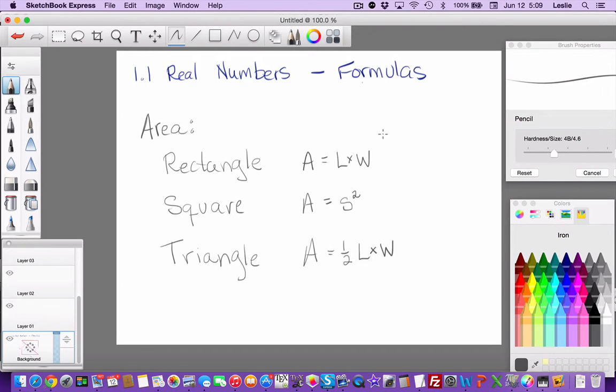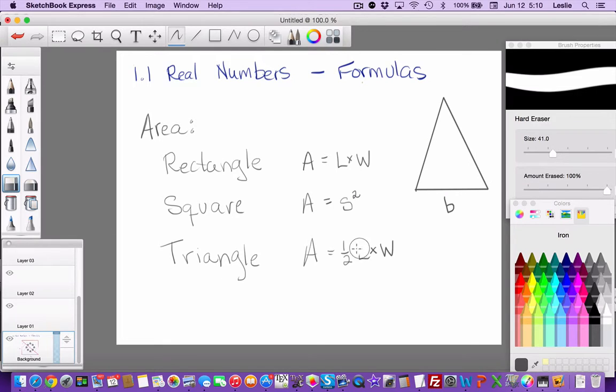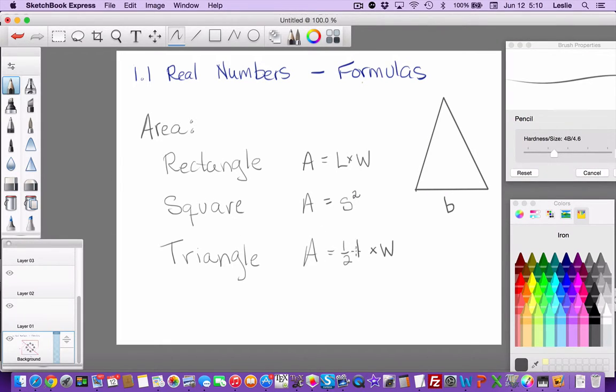When we're working with a triangle, instead of calling this measurement the length, we call it the base. So let's replace L with B. Instead of calling this measurement the width, we call it the height of the triangle.